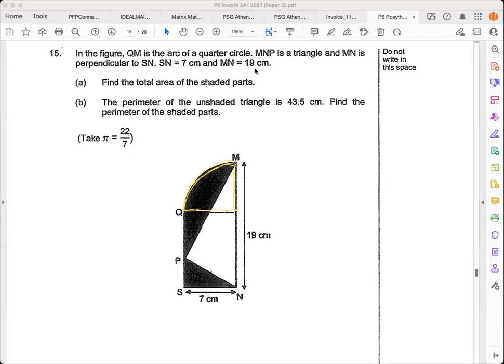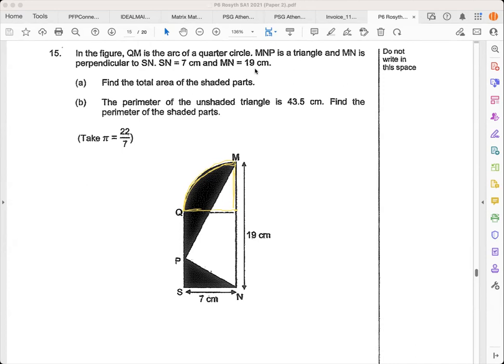M and P is a straight line. So MNP is a triangle, and MN is perpendicular to SN. SN is equal to 7, and MN is equal to 19.